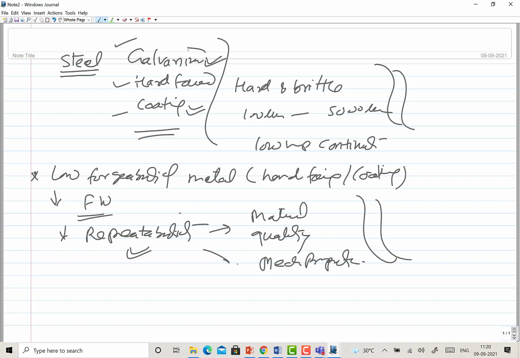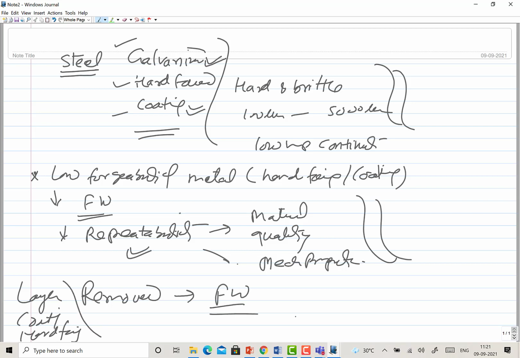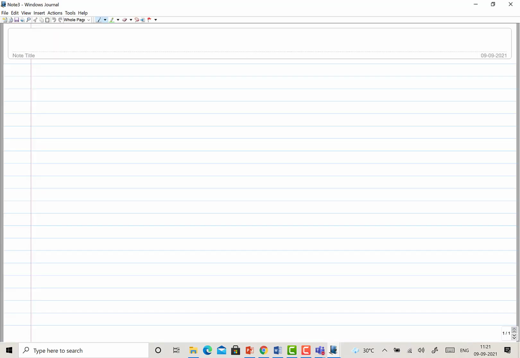So it will be good if all these coatings, hard facings and layers which have been applied are removed before welding. If these are removed before friction welding, then certainly you can expect a better quality weld joint.